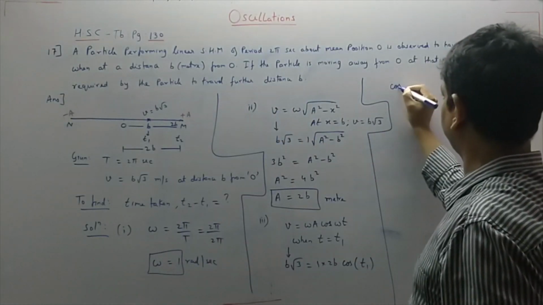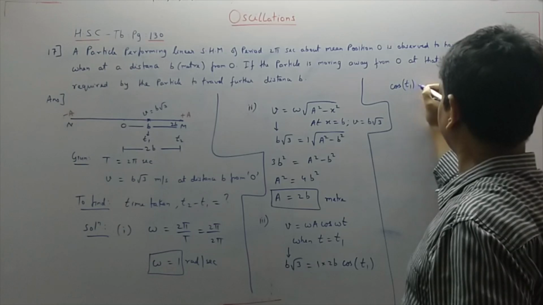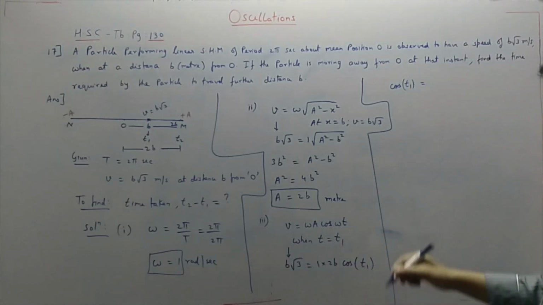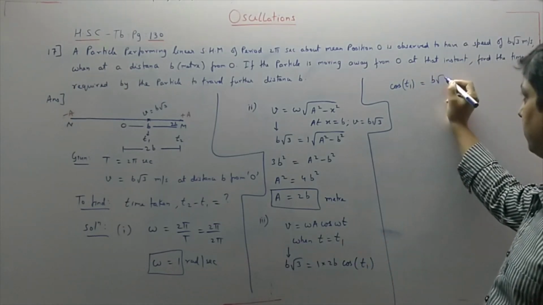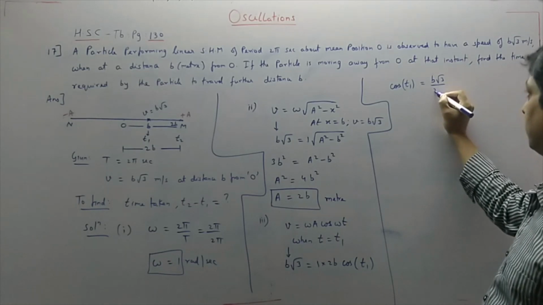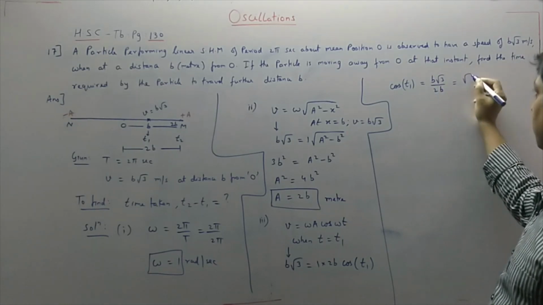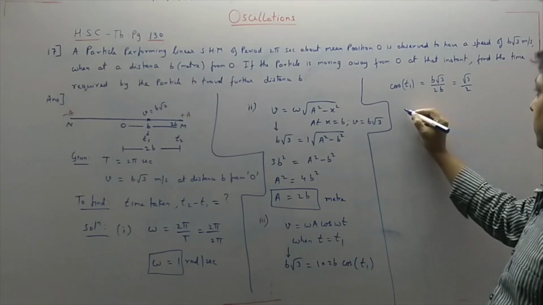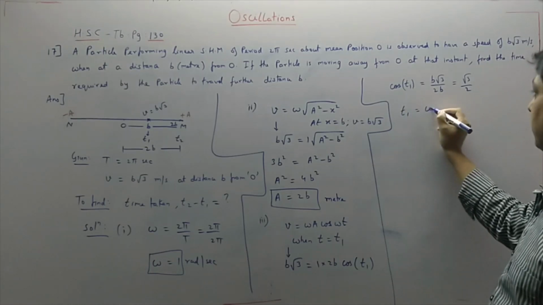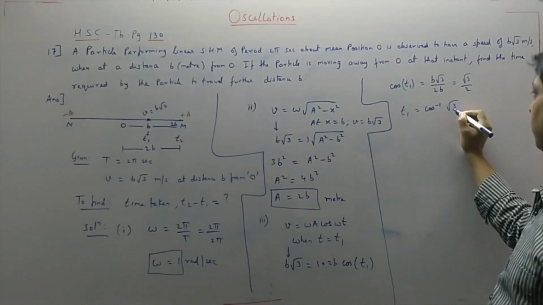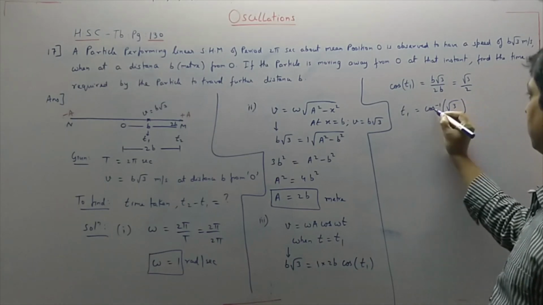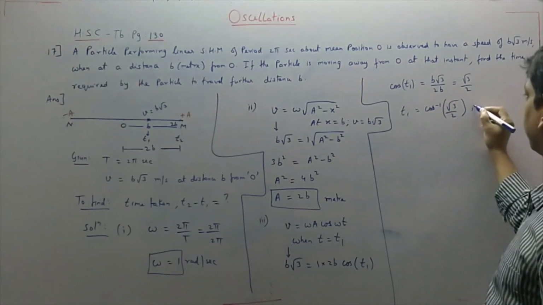We will get cos of t1 equal to b root 3 divided by 2b, so we get root 3 by 2. Then t1 equals cos inverse of root 3 by 2.